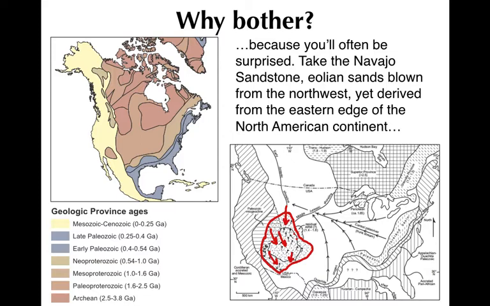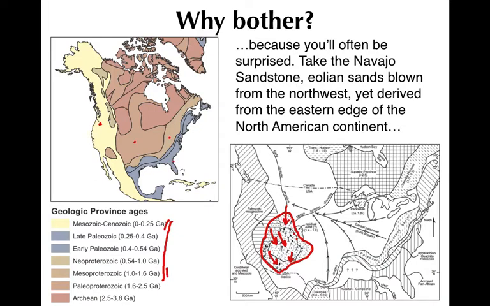Well, if you look at the geologic province ages for North America, you find that northwest of the Navajo Sandstone is some of the youngest rock that you have in North America. All of the older rocks occur further to the east.